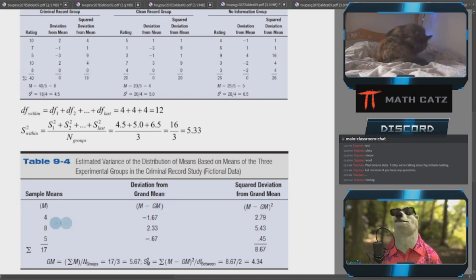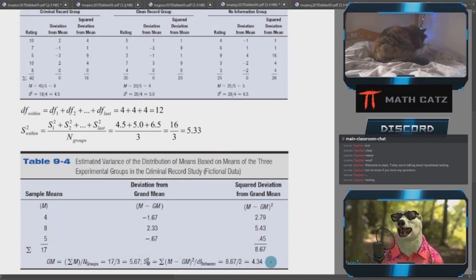And then I'm just going to treat these samples as single scores by way of their sample means, M. So then I take the deviation, and then the squared deviation, sum the squares, divide by 1 less than the number of scores I have for this simplified group of groups.